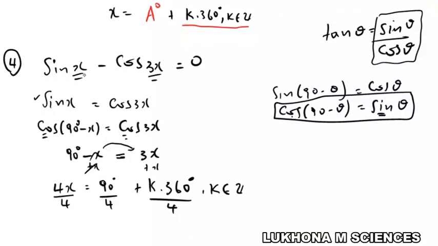So our solution is x equal to 22,5 plus 360 divided by 4, which is 90, so it's k times 90, where k is an element of the integers. So we are done with these examples. It's easy like that. That is the general solution.